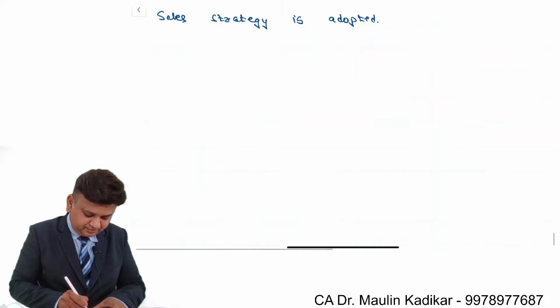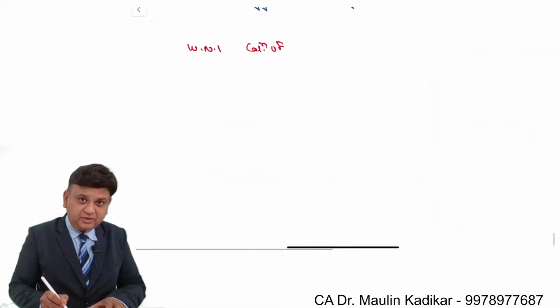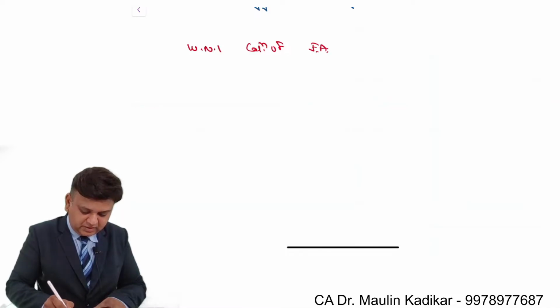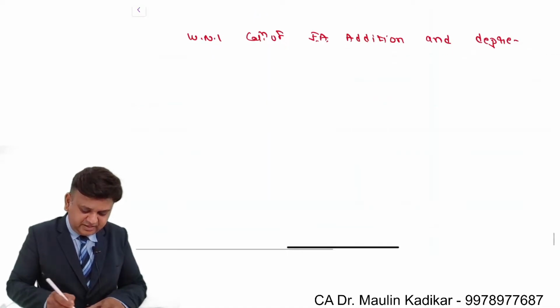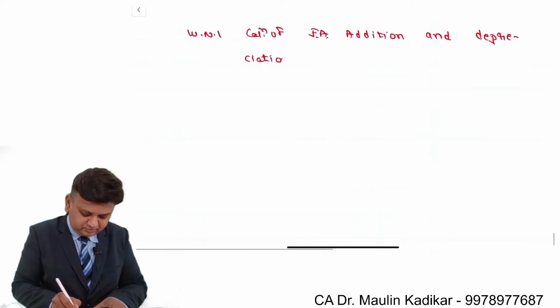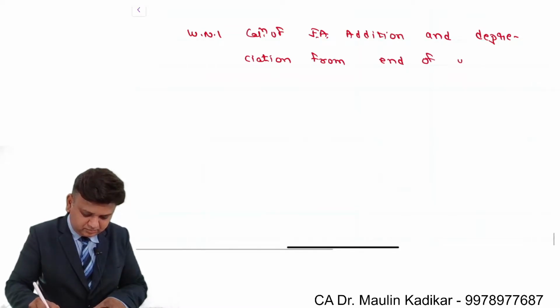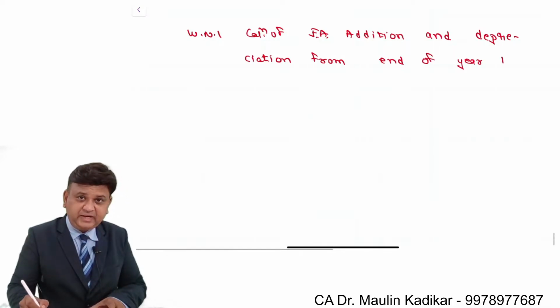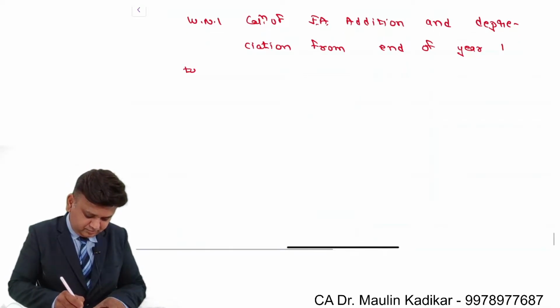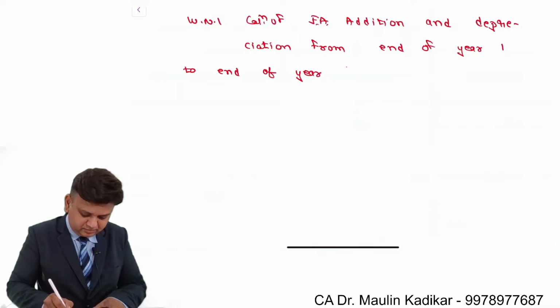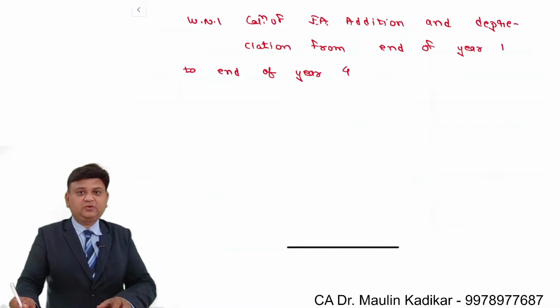In the write-down, working note number 1, calculation of fixed asset addition and depreciation from end of year 1 to end of year 4. That is the way we are required to make the calculation of the answer.